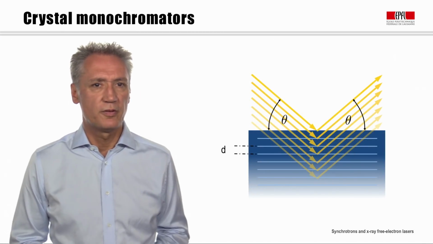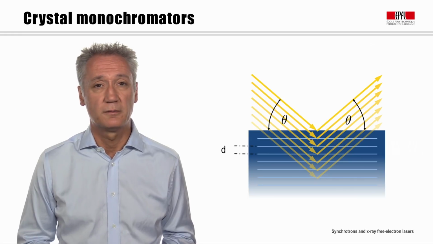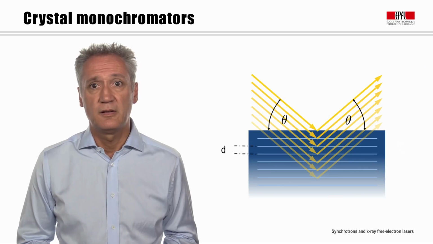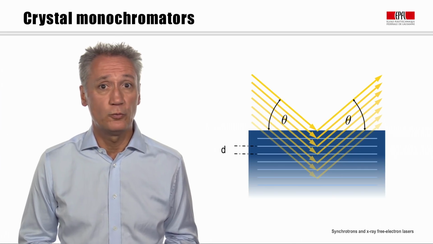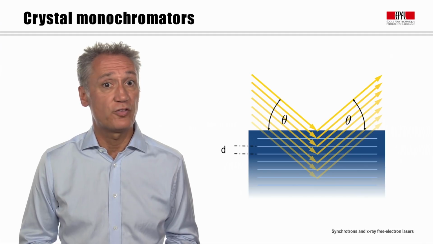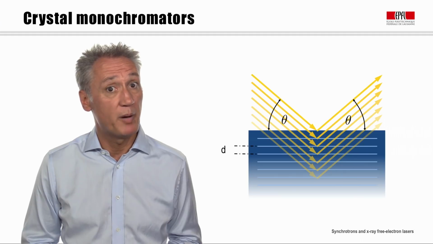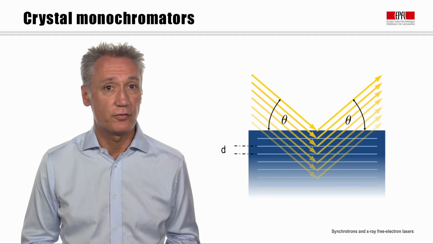Crystal monochromators use single crystals to select a given energy using Bragg diffraction. The most common crystal material is silicon. Silicon has a reasonable thermal conductivity and can be efficiently cooled by liquid nitrogen in order to minimize the mechanical strain induced by a local thermal bump where the incoming polychromatic beam impinges on the crystal surface.